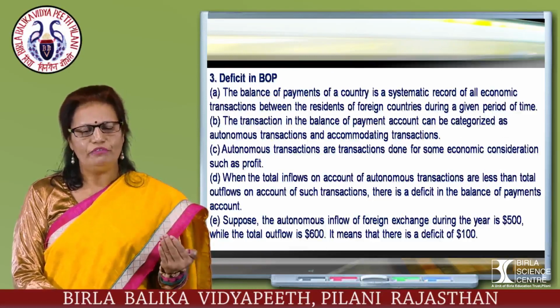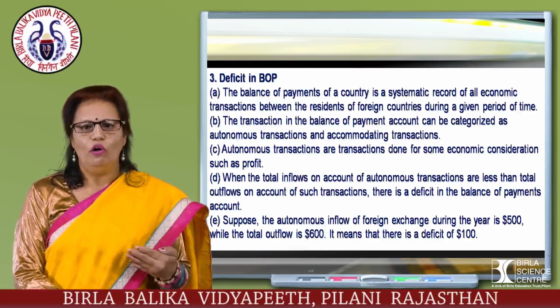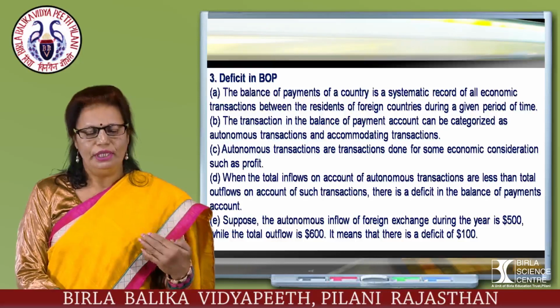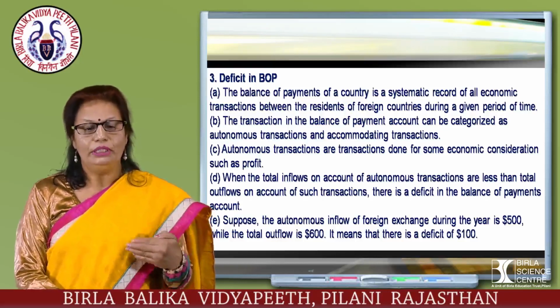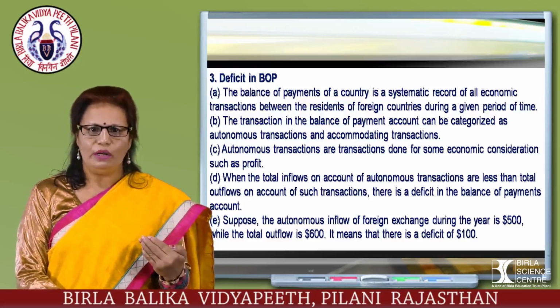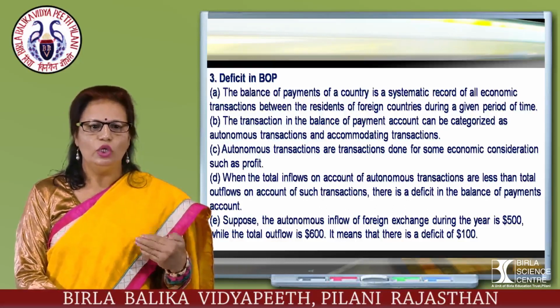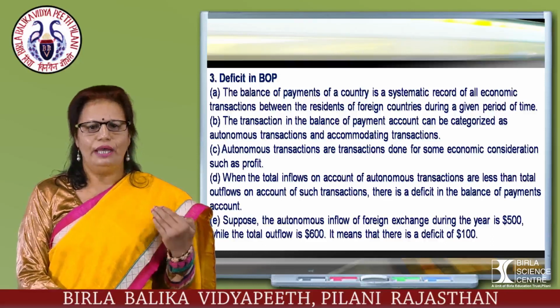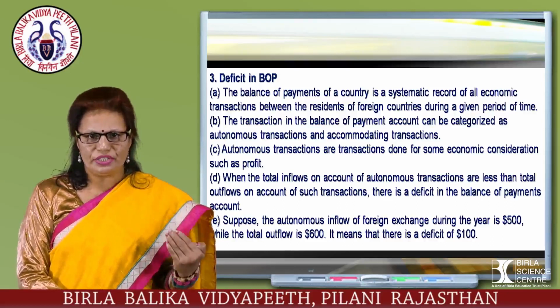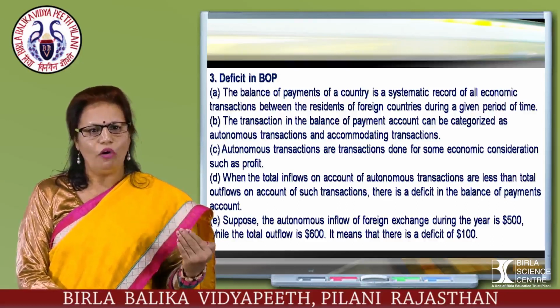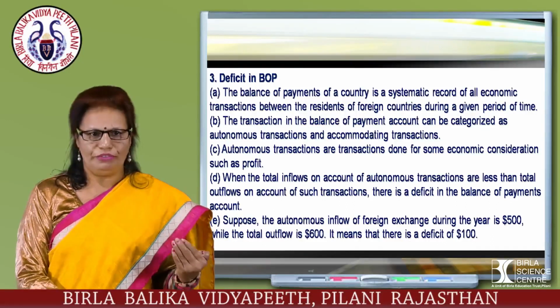Now, deficit in BOP. The balance of payment of a country is a systematic record of all economic transactions between the residents of the country and foreign countries during a given period of time. The transactions in the balance of payment account can be categorized as autonomous transactions and accommodating transactions. Autonomous transactions are transactions done for some economic consideration such as profit.